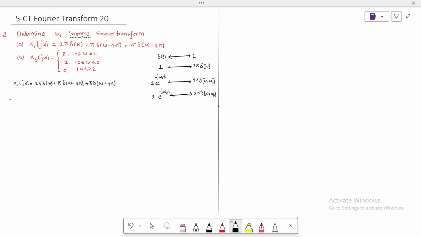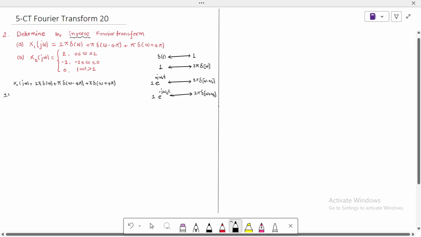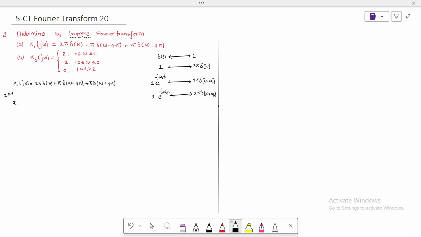So apply the inverse Fourier transform on both sides. Then it becomes the time domain signal x1 of t, equal to, directly we have the formula. So that equal to 1 plus. So there is no 2 pi, so there is no 2.